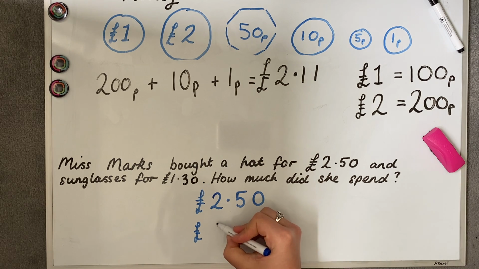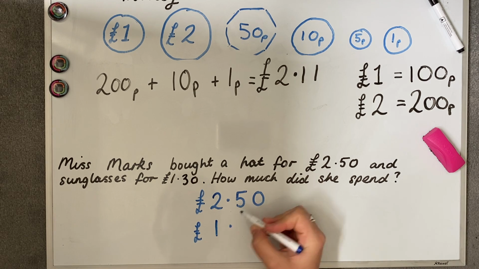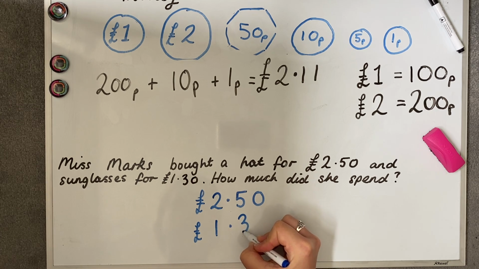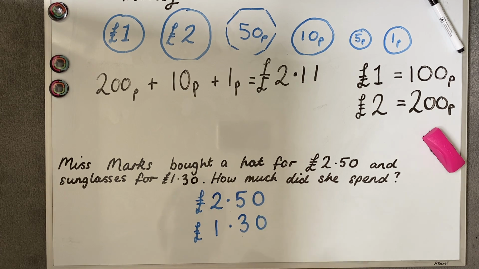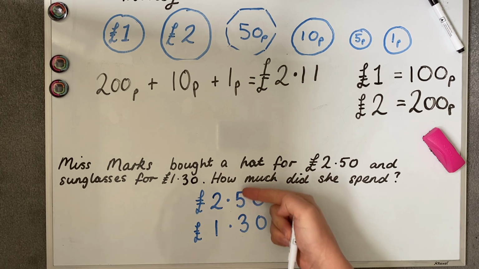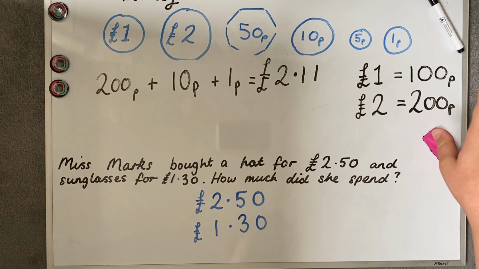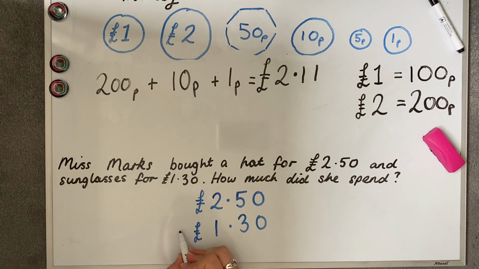So we can write our £1, which is underneath our £2, and our 30 pence. So we've got our ones numbers, our tens numbers, and our hundreds numbers, haven't we? Next up, we need to add it together.